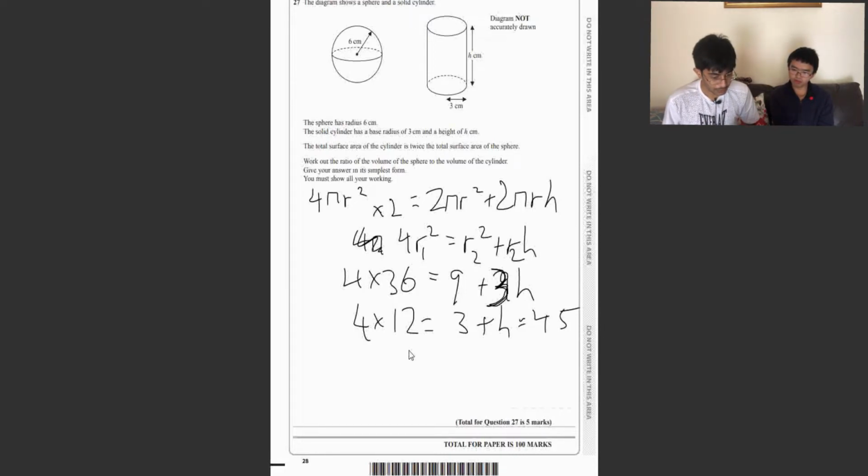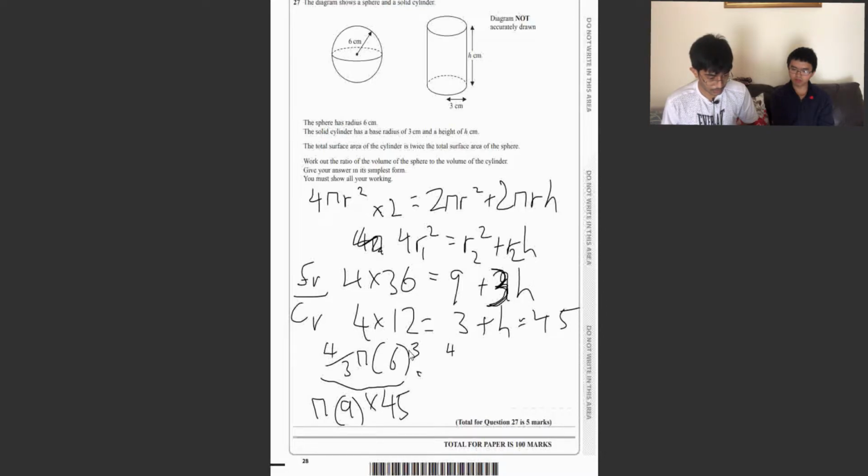So the ratio of the volume of the sphere to the volume of the cylinder. So it's sphere volume over cylinder volume. Right. So the volume of the sphere is 4 over 3 pi r cubed, divided by pi r squared h.